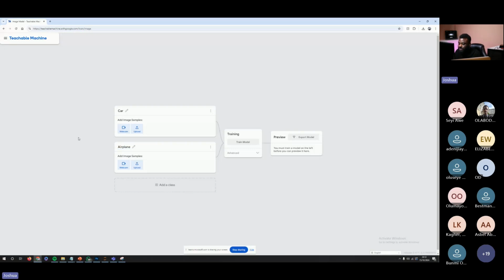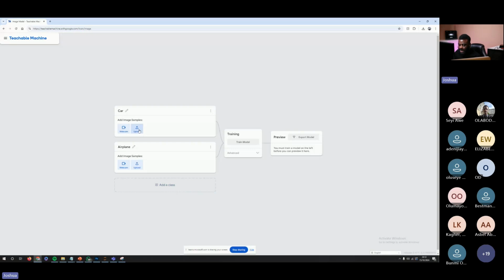So essentially, we're going to be telling it all these photos we're giving you are something that we humans call a car, identify them. And all these images we're giving you are something that we humans call an airplane. So after you have used these two classes to study, when I give you an image you haven't seen before, try to determine, is this a car or is this an airplane? You can add as many classes as you want down here, but for this, we'll just use 2.